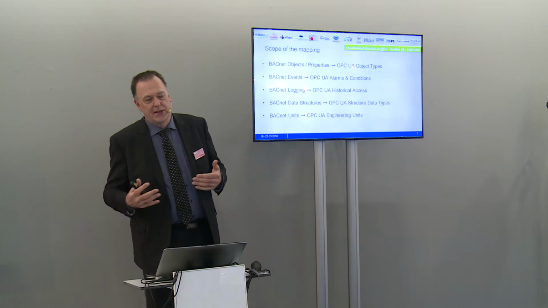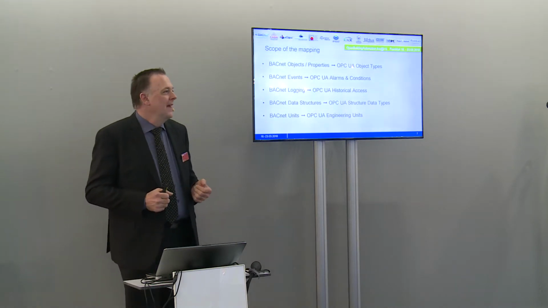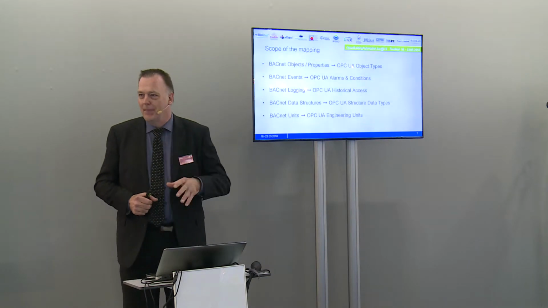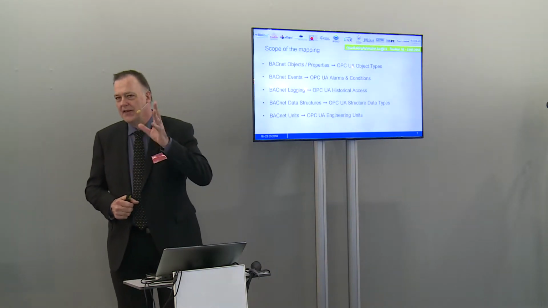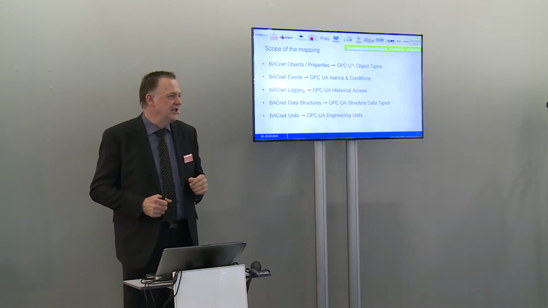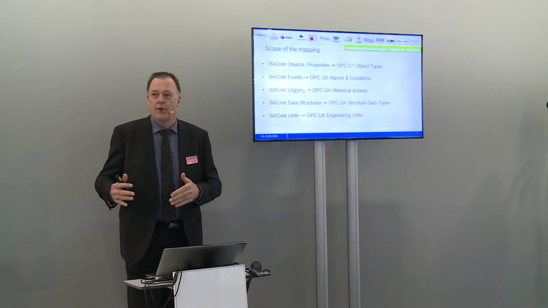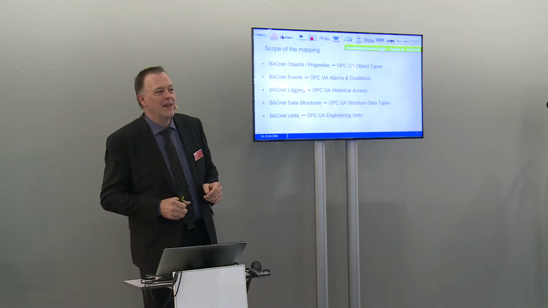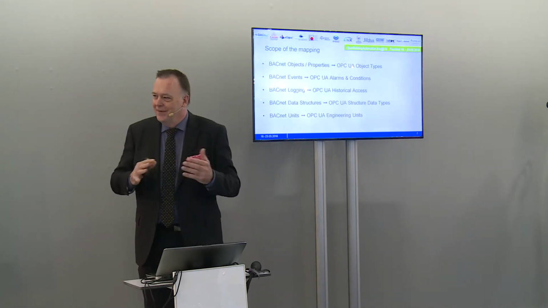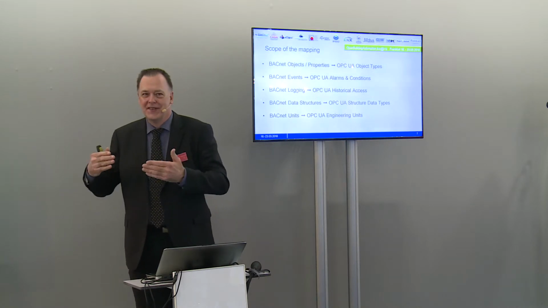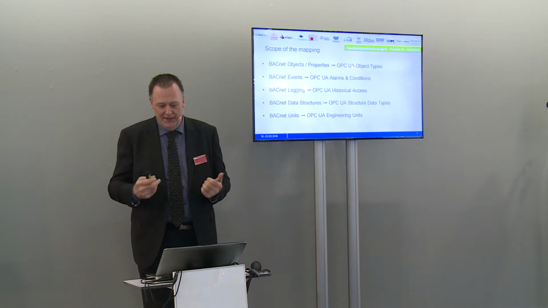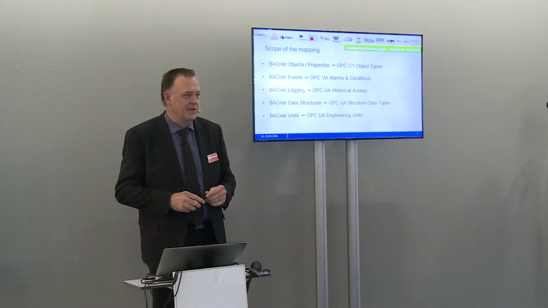Just to give you a small story here, it was a challenge to model the units from BACnet to OPC UA. BACnet has about 200 different engineering units. OPC UA supports 1,000 or even more, roughly 1,300. It was not very easy to map these things into the existing OPC data structures and specifications.